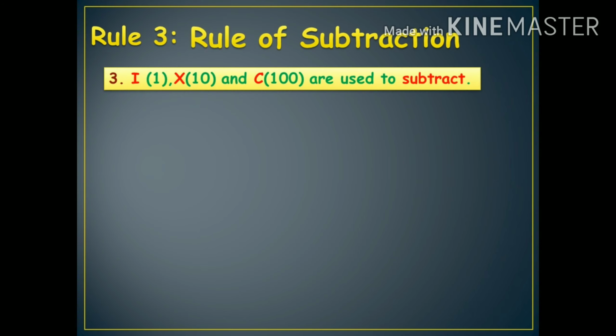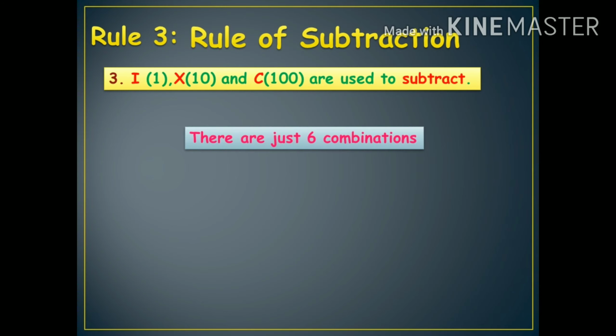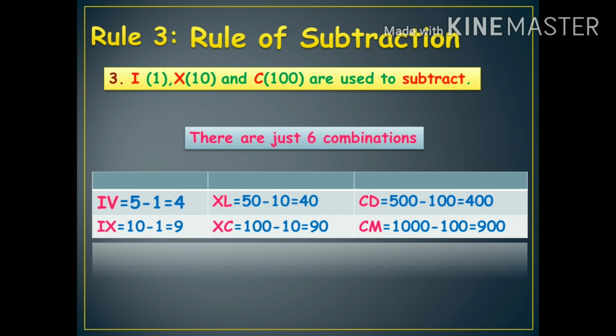Rule of subtraction number 3. I, X and C are used to subtract the numbers. There are just 6 combinations of these. IV is equal to 5 minus 1 is equal to 4. IX is equal to 10 minus 1 is equal to 9. XL is equal to 50 minus 10 is equal to 40.